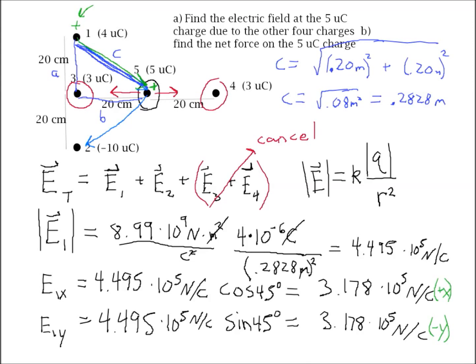So we've now found the x and y components of the electric field due to charge 1. We need to do the same thing for charge 2, and since we're about to run out of room, I'm going to clear some of these things, and then we'll do the electric field due to charge 2.